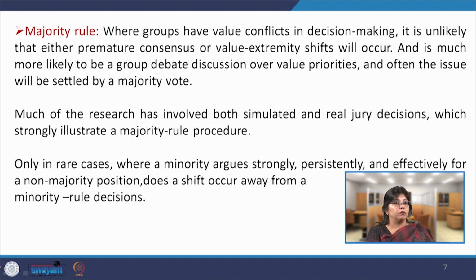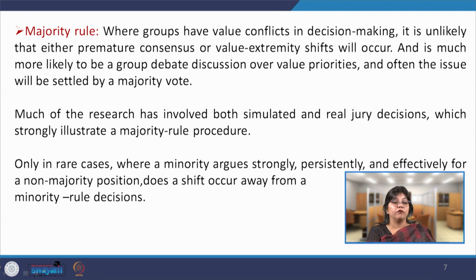This is majority vote, where group values are not put at priority, rather the conflict is resolved based on majority vote. But sometimes it happens that even the minority argues very strongly, persistently and effectively, and even in that situation the shift will occur in the form of a minority rule decision.